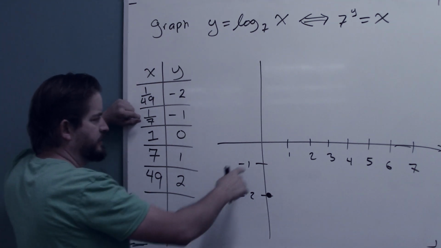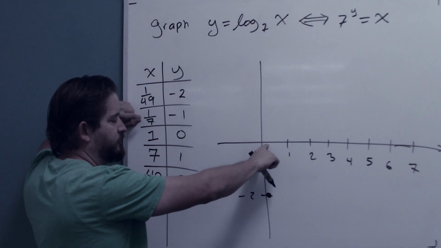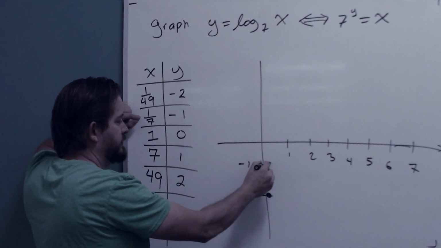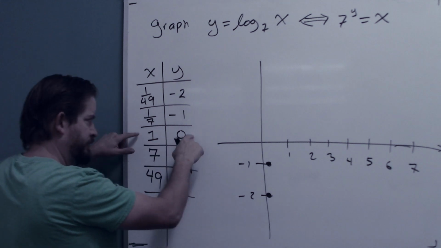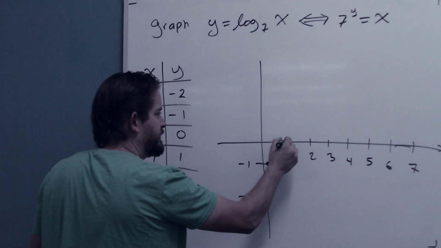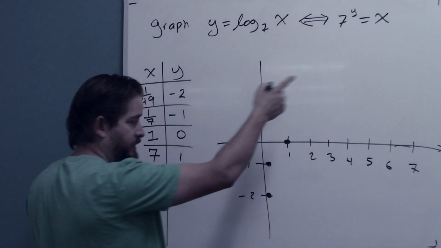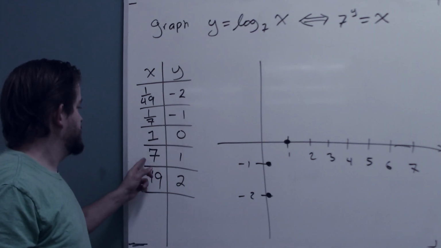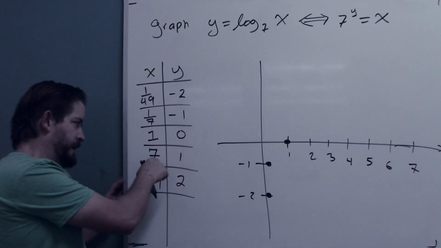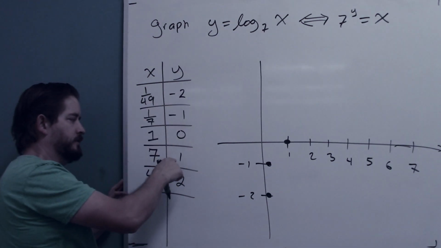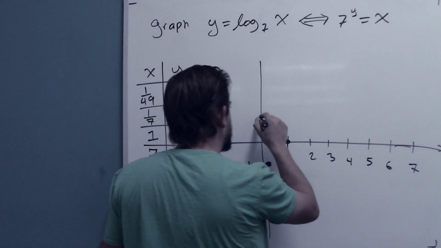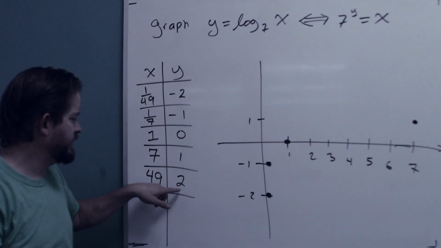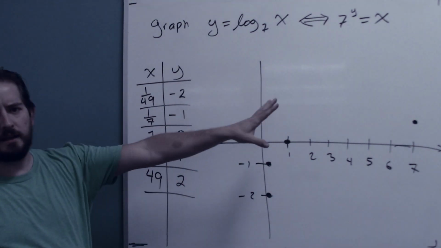X is 1 over 7, so really not a whole lot further away, but here, let's call it, at -1, so maybe there. And I have this point again, 1, 0. That should appear quite often, unless I've shifted up, down, left, or right. 7, 1, right? So it's that base value of 7 and 1. So all the way here before I hit 1. And then by the time I hit y is 2, I'm way off there.